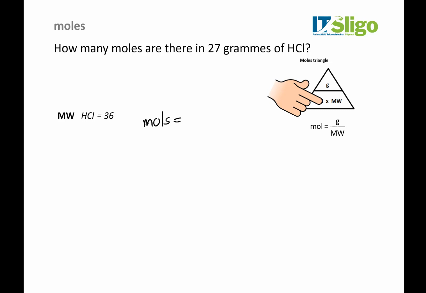Note we don't write an S, guys, just mole. Mole is 27 over 36. 9 will go in top and bottom. So there's 0.75 moles in 27 grams of HCl.